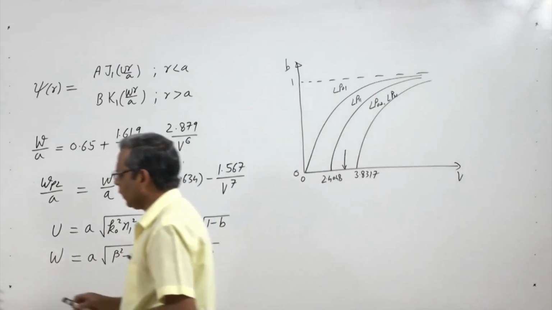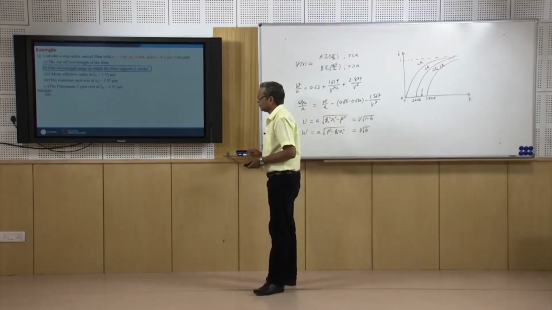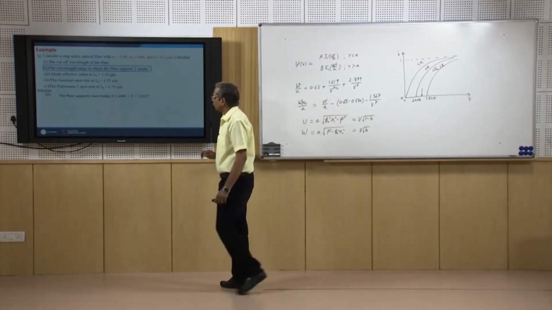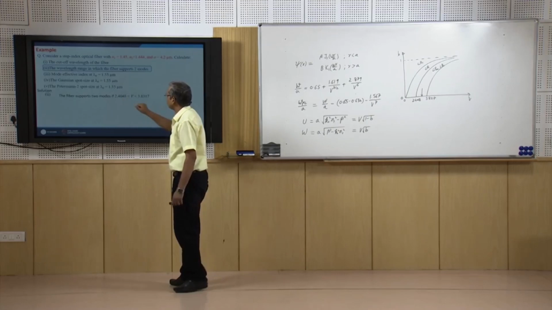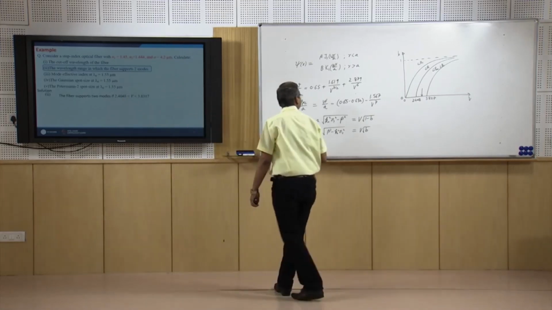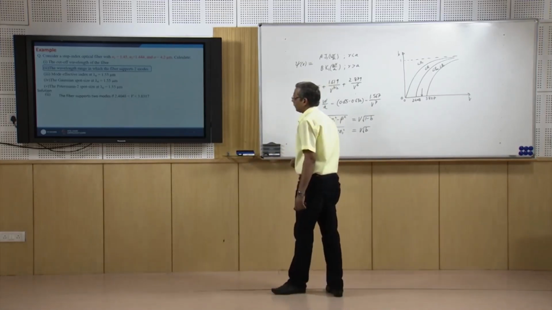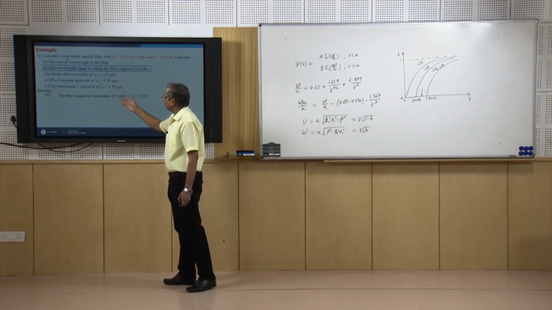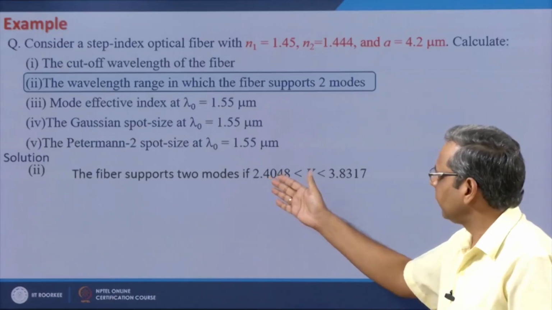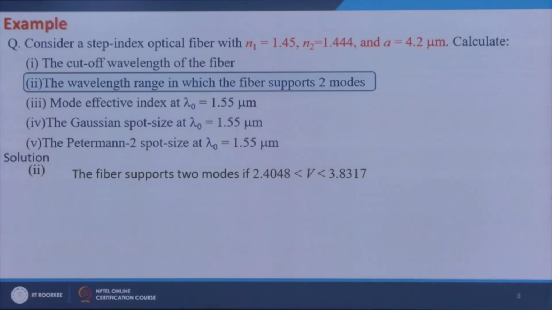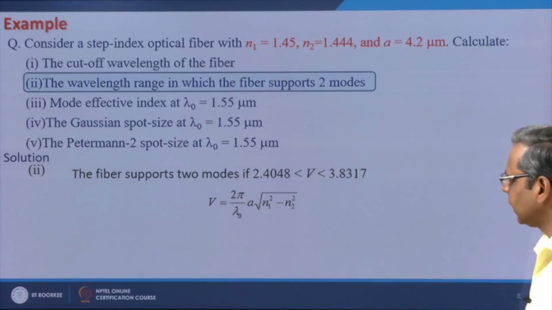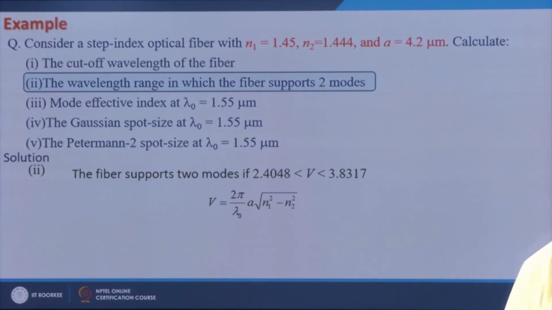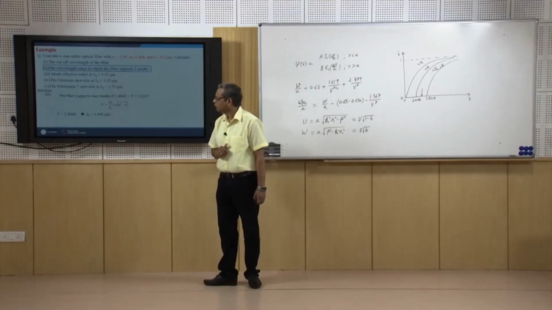So, the value of V should lie between 2.4048 and 3.8317. What I need to do now is find out the values of lambda corresponding to these values of V, and V is given as 2 pi over lambda naught times a times square root of n1 square minus n2 square.